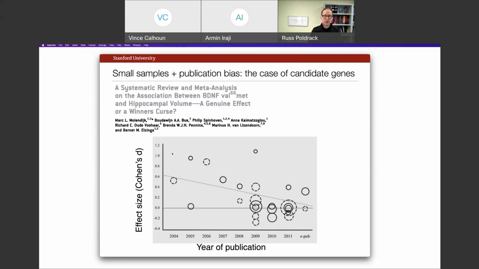And what you see is early on, there were some very large effects reported in very small samples. Over time, you see what's come to be known as the decline effect, which is a very general finding in science: as sample sizes get bigger, effect sizes get smaller.